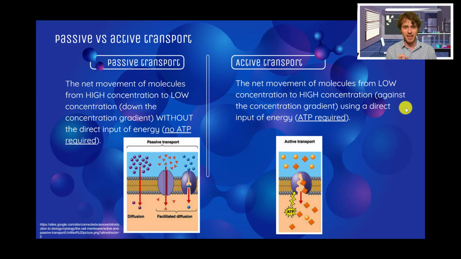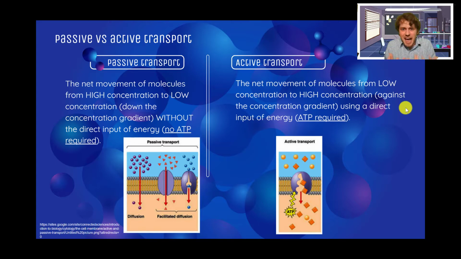Active transport, on the other hand, is moving things across the cell membrane from low concentration to high concentration. Okay, instead of calling that down the concentration gradient, we call that going against the concentration gradient. And super duper important is that doesn't just happen, right?